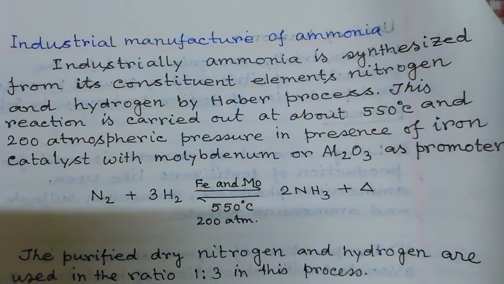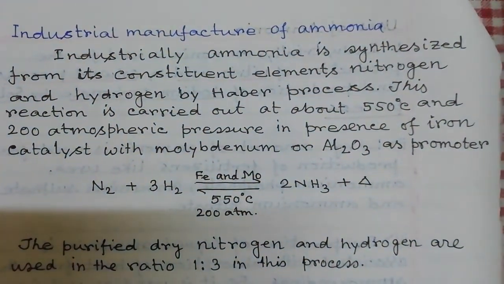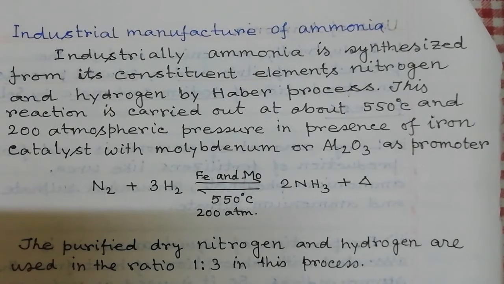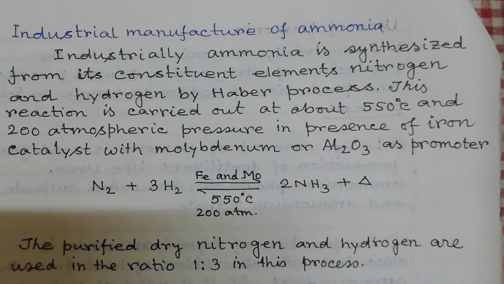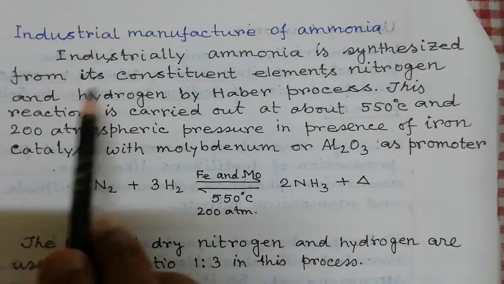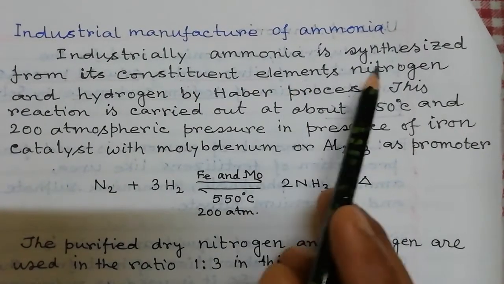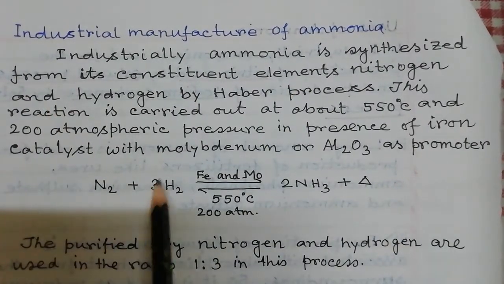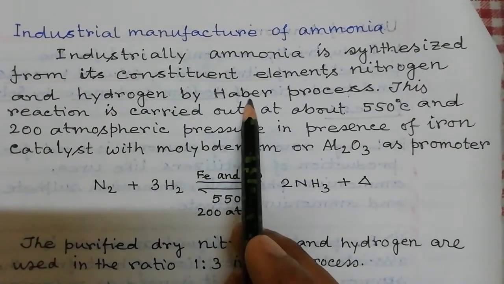Now, how do we prepare ammonia gas in industry, because ammonia is very essential in our laboratory and in industry. Industrially, ammonia is synthesized from its constituent elements nitrogen and hydrogen, and the process is known as Haber's process.